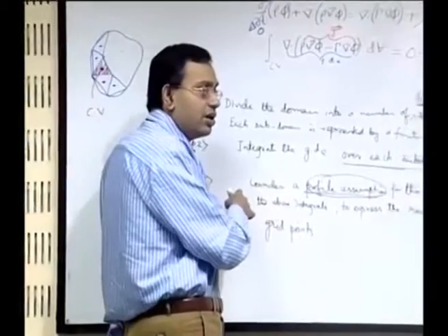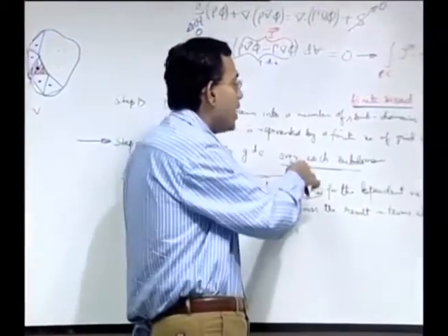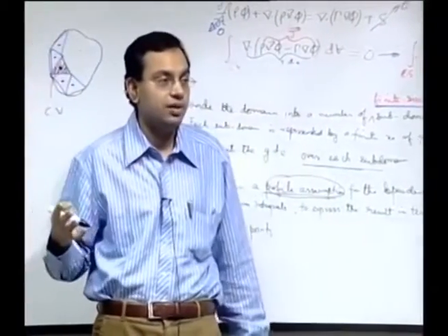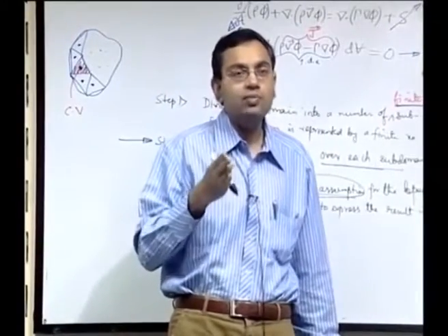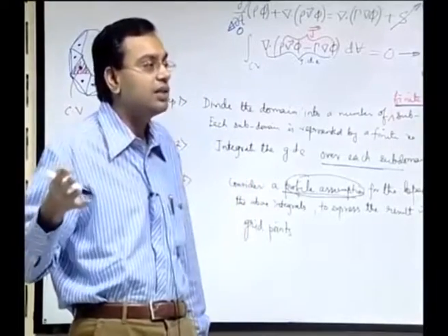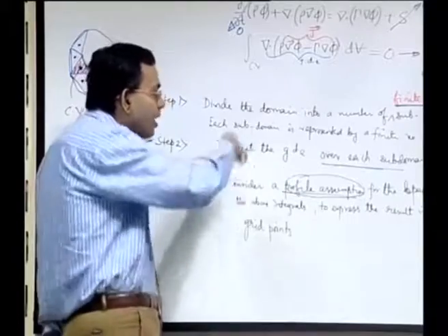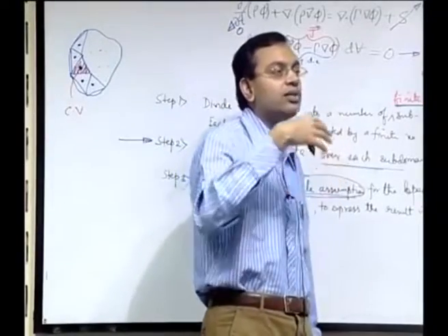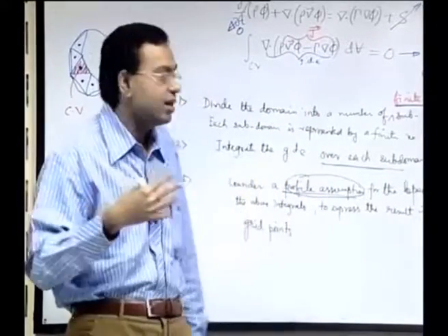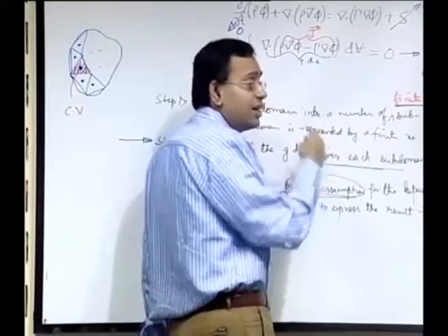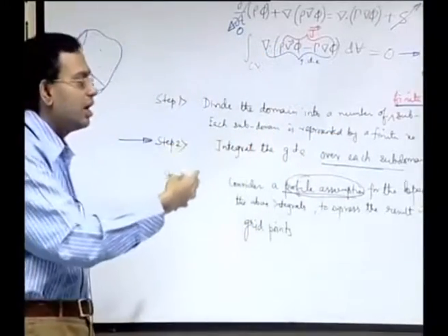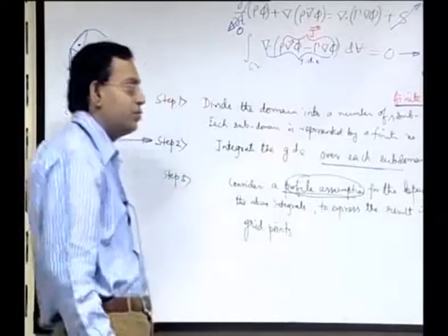In the finite volume method you use the profile assumption just to evaluate the integrals. Once the integrals are evaluated, the history of the profile assumption is no more important. That gives you the freedom of choosing different profile assumptions or interpolation functions for different terms, because you do not require them anymore for your subsequent analysis, whereas in the finite element method you do not have that flexibility, because you obviously require the same interpolation function for subsequent post analysis of the system after you solve the system of algebraic equations.